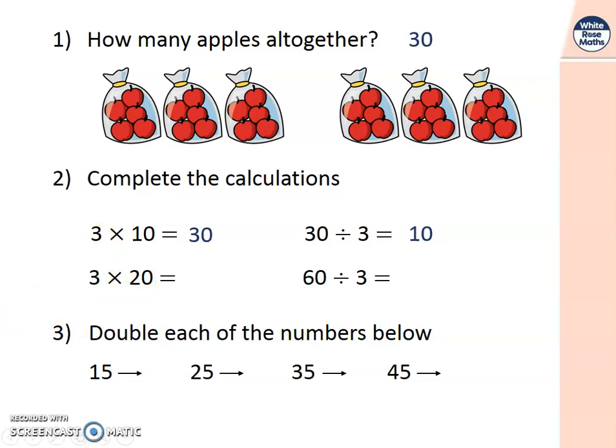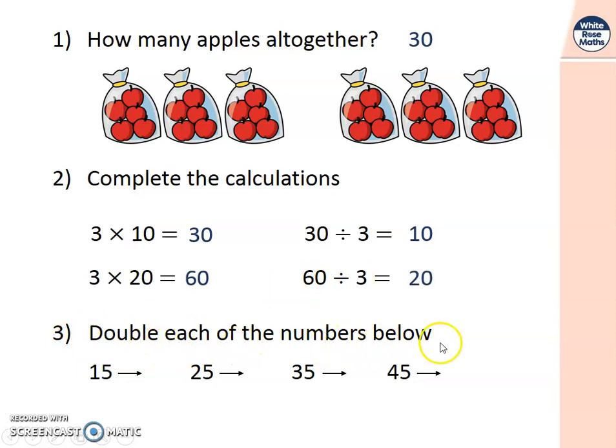That's 6, correct. So what would 3 times 20 be? Yes, 60. What about if we use this fact again, using the inverse? 60 divided by the 3 gives us what answer? That's correct, 20.